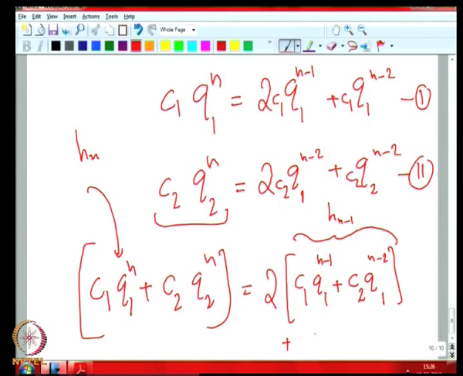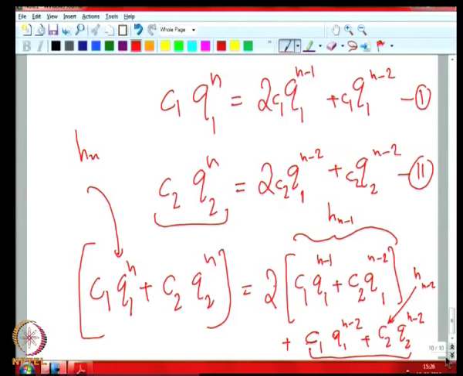Similarly, C1 into Q1 raised to n minus 2 plus C2 into Q2 raised to n minus 2 is the proposed solution for Hn minus 2. So, this is indeed Hn equal to 2 into Hn minus 1 plus Hn minus 2. So, this also works. To summarize, if Q1 raised to n is a solution and Q2 raised to n is a solution, then for any two constants C1 and C2, C1 times Q1 raised to n plus C2 times Q2 raised to n is also a solution.